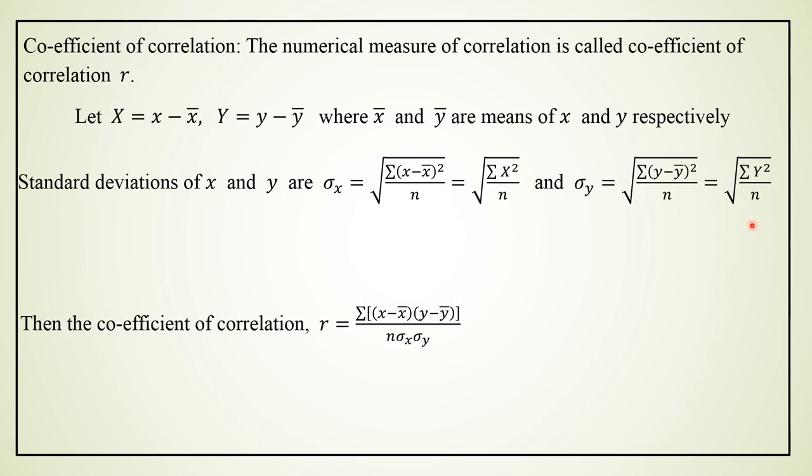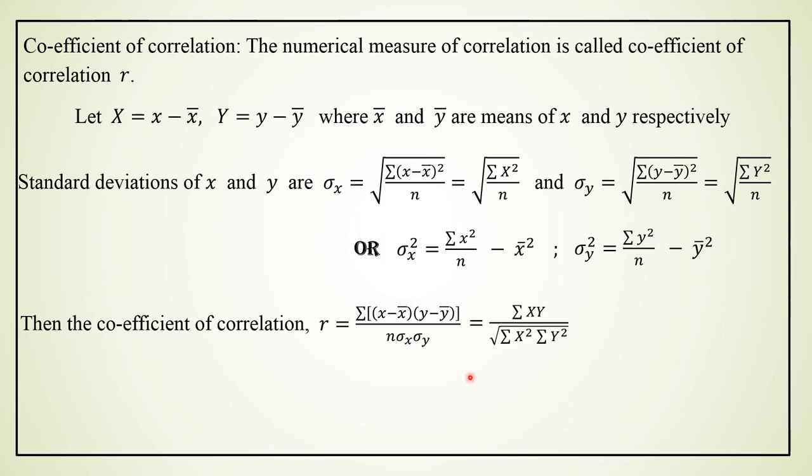Or you can also calculate sigma x and sigma y by the other formula, which is given by sigma x whole square is equal to summation of x square divided by n minus x bar whole square, and sigma y square is equal to summation of y square divided by n minus y bar whole square.